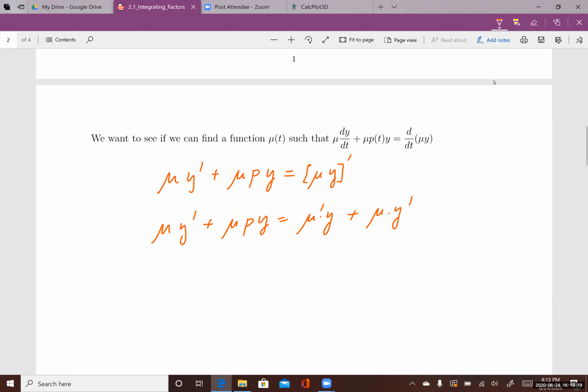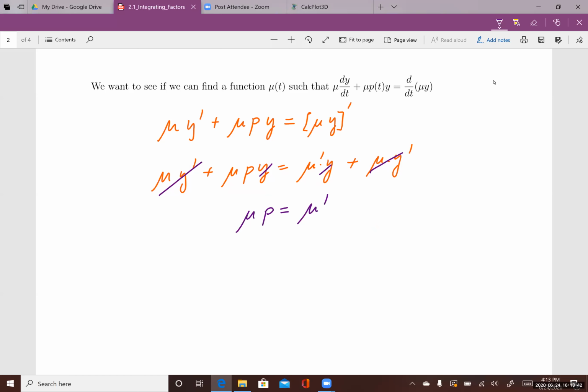Okay. And then we can see if we can cancel something out. Mu times y prime is gone, and then here we have y, and y is gone. So what is left over is mu p equals mu prime.